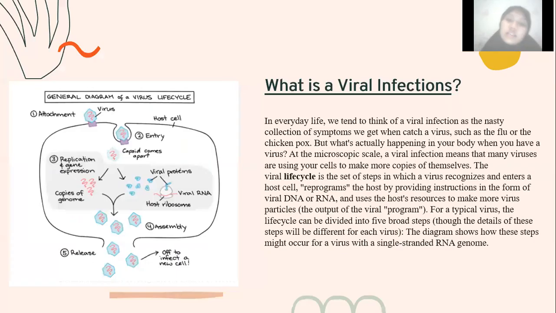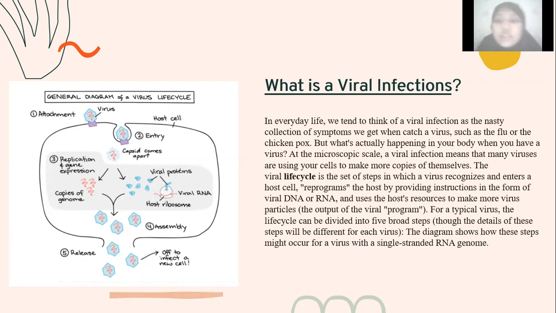Okay, the next is: what is a viral infection? In everyday life, we tend to think of a viral infection as a nasty collection of symptoms we get when we catch a virus, such as the flu or chickenpox. But what's actually happening in your body when you have a virus?